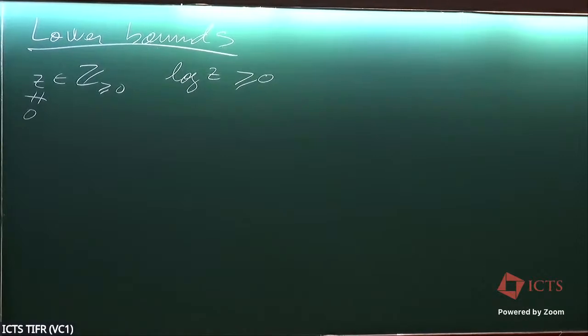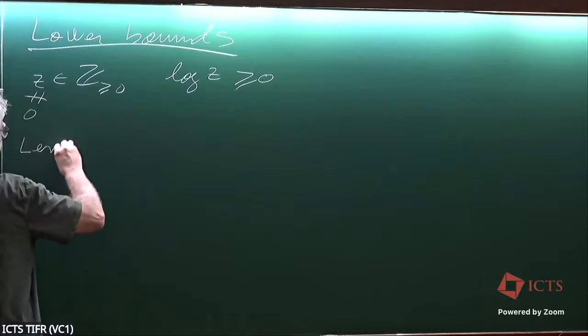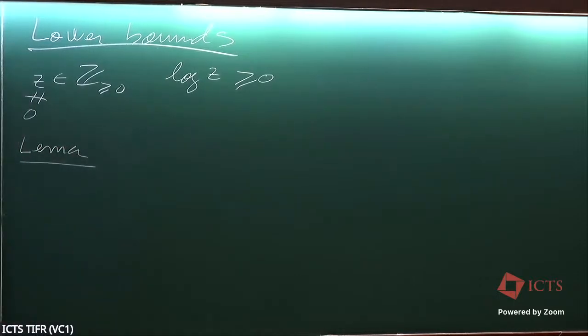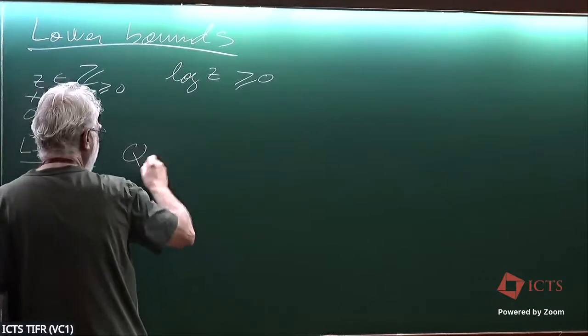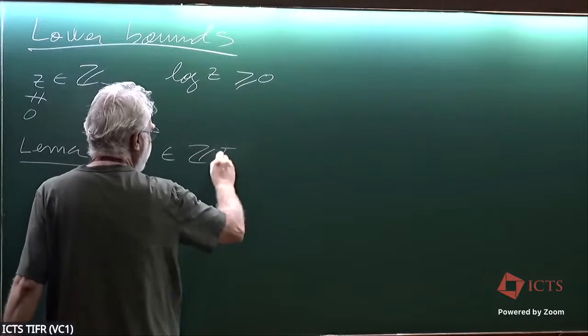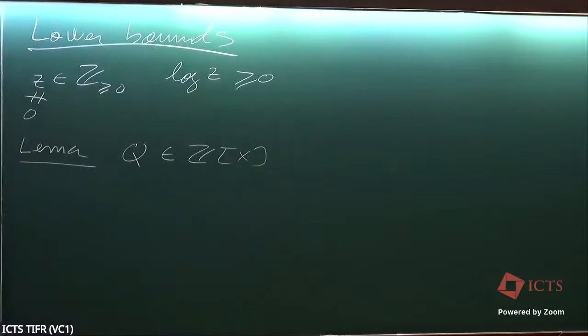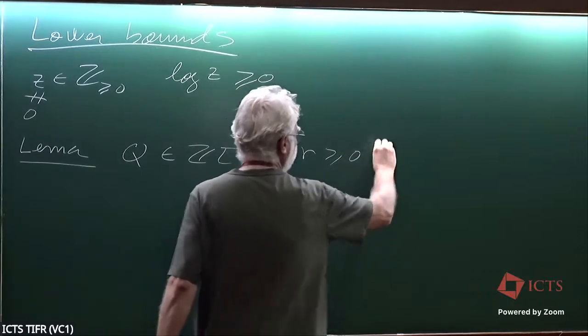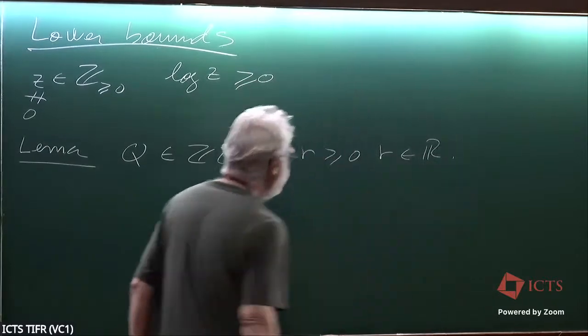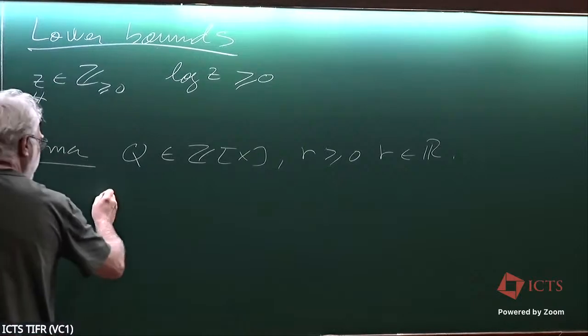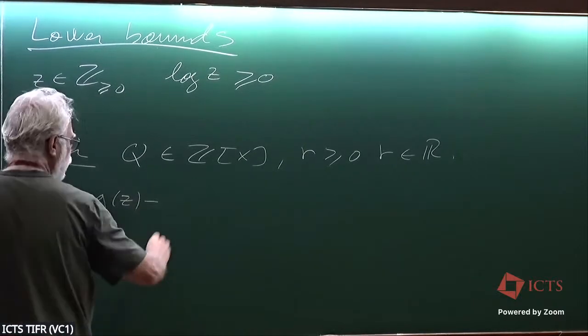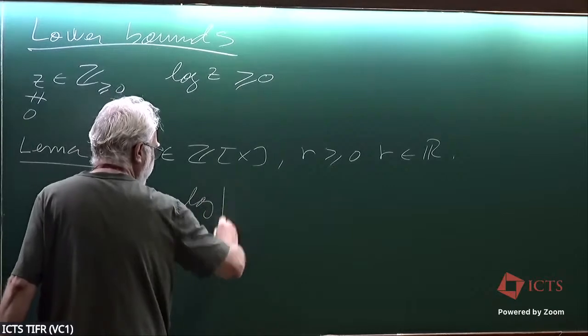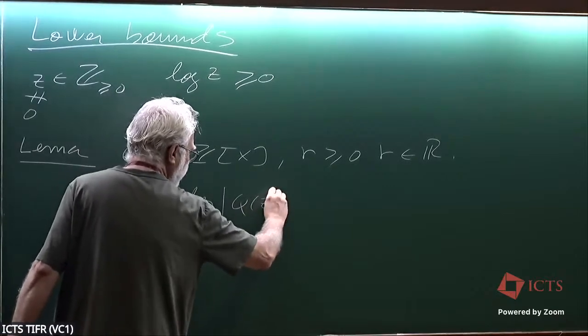Okay, so let's look at the following lemma. Let's take Q, any polynomial with integral coefficients, and R, a positive real number. Then I can look at the function g of z minus R times the log of the absolute value of Q evaluated at the point z.